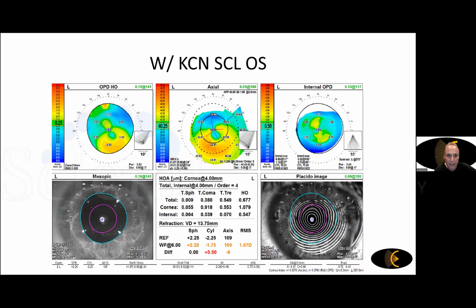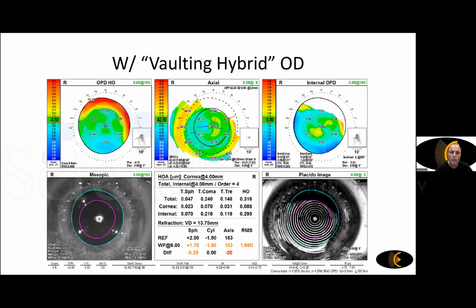And there's the left eye with a keratoconic soft lens that was fitting well, but we put a vaulting hybrid lens on the eye, and look what happened to the anterior corneal high order aberrations. Almost eliminated, dramatically reduced with significant improvement in vision, but still residual internal high order aberrations that come through.